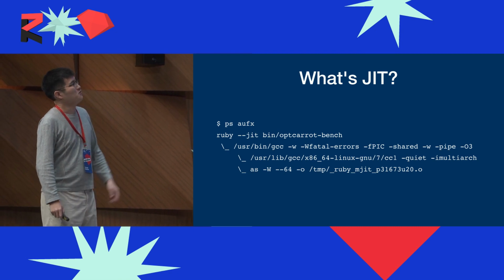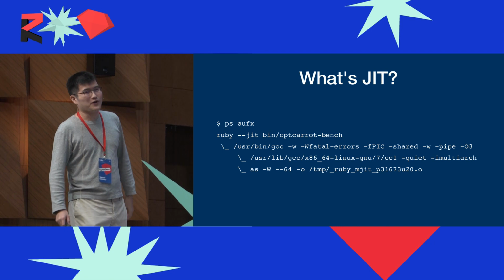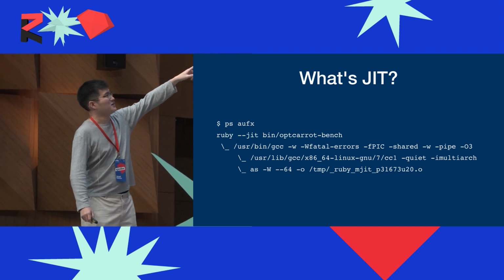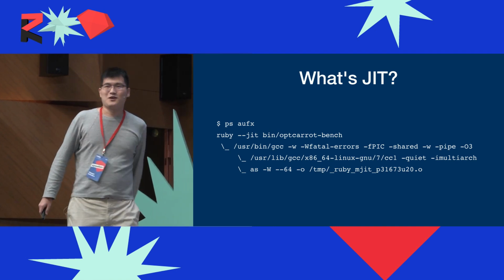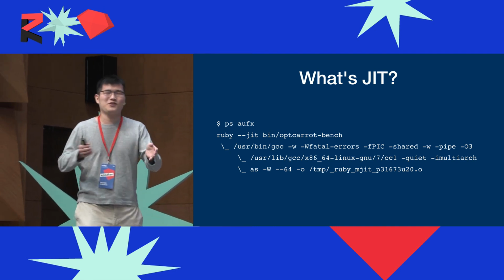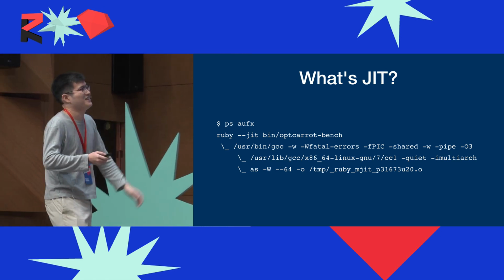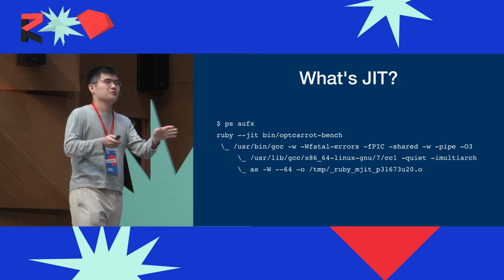So once you pass the --jit flag, you may see weird child processes like GCC, CC1 and AS. You may feel it's a security attack or strange, but it's currently intentional.